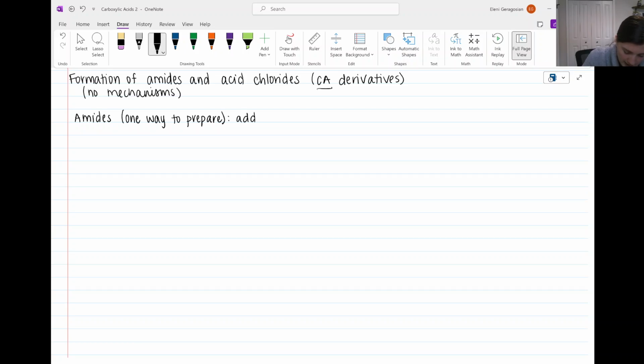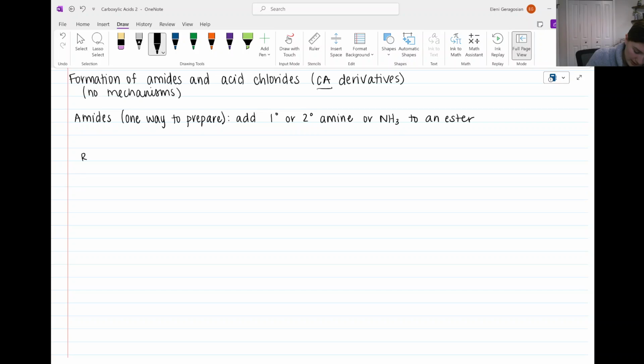So if you add a primary or secondary amine, or NH3 to an ester, in the presence of heat, that will generate an amide.